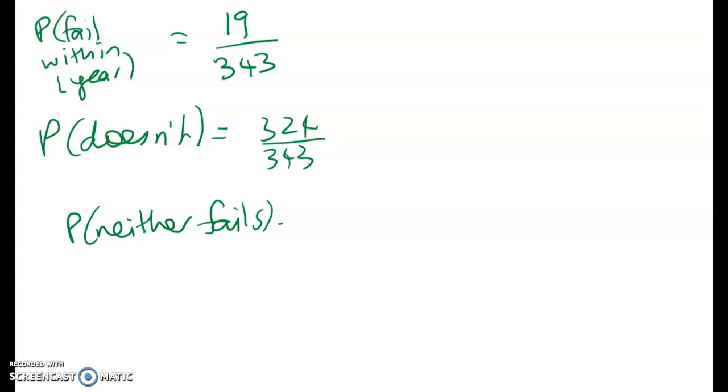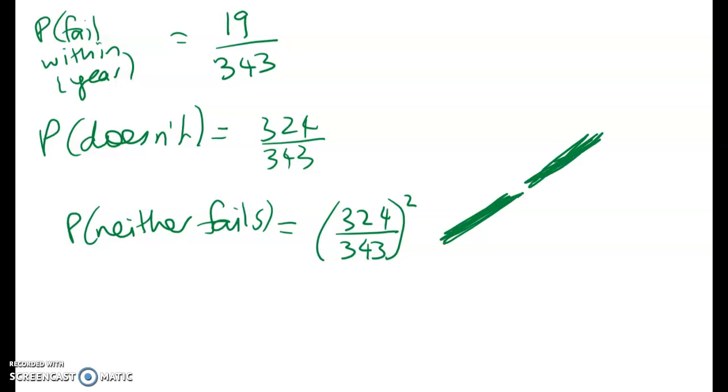So the probability that neither fails, assuming they're independent, is just going to be 324 over 343 squared, right? So I've got a tree diagram, I've got this branch, doesn't fail, and then the next one doesn't fail again. So my final answer there I got was 0.8922. That's obviously not going to match the textbook, but that's exactly the same type of problem as the one that you were asking about.